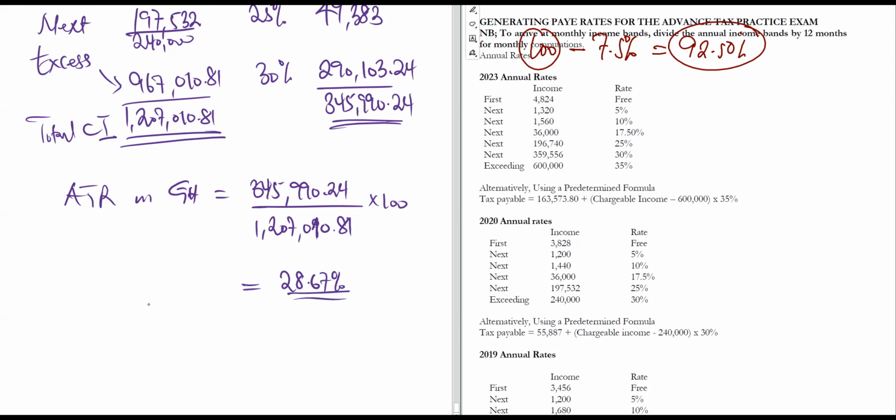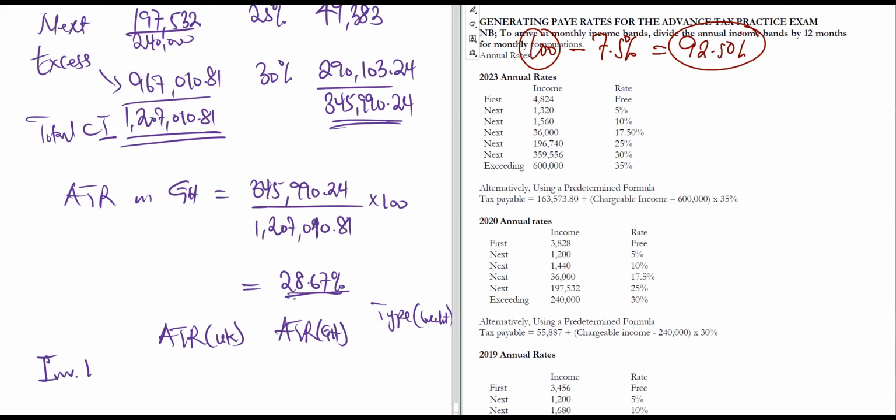So let's bring our ATR, the UK ATR, the average tax rate in the UK, the average tax rate in Ghana, and then the type of credit. Okay, so we had what?